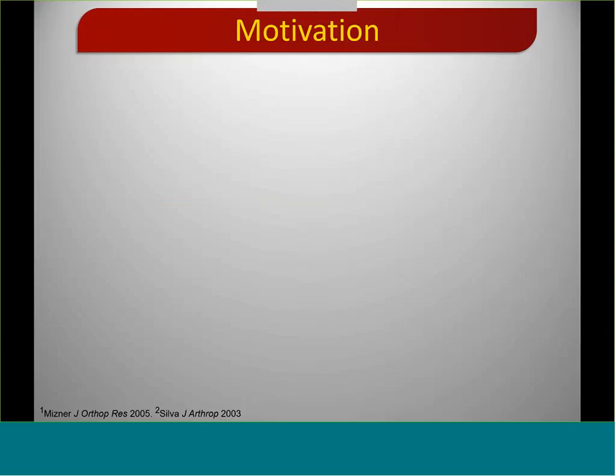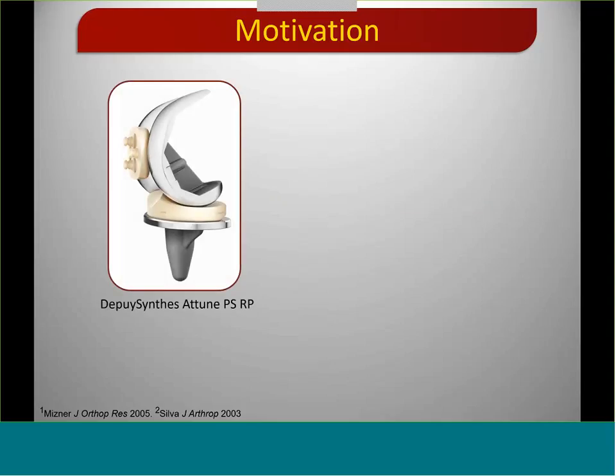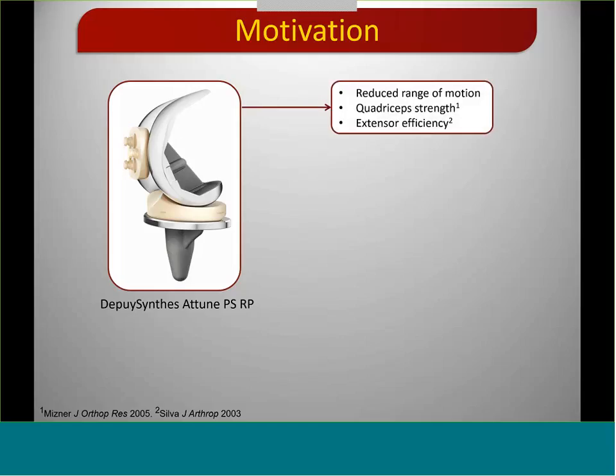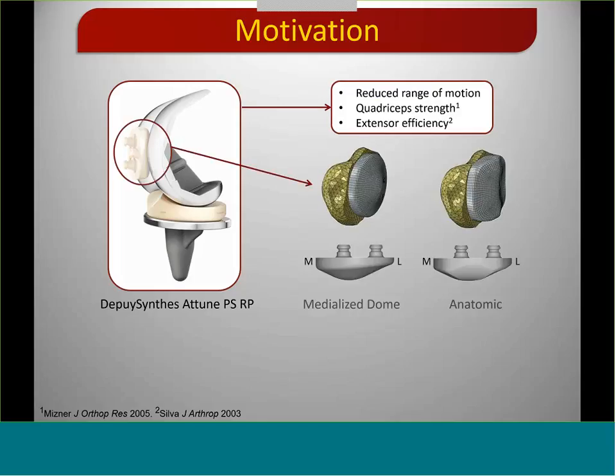As most of you already know, total knee arthroplasty has in general been a successful solution for osteoarthritic patients, but there's demand for higher knee function post-TKA. Patients have shown evidence of reduced range of motion, quadriceps strength, and extensor efficiency. The design of the patellar component plays an important role in anterior knee pain through tissue strain due to unnatural kinematics.